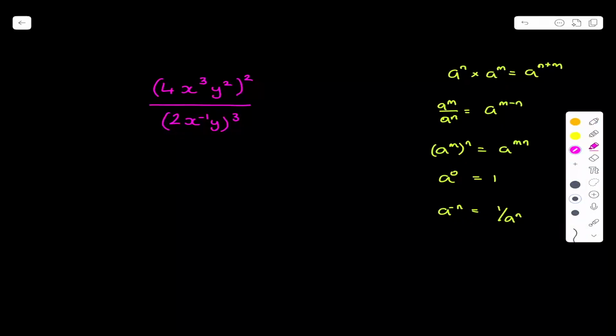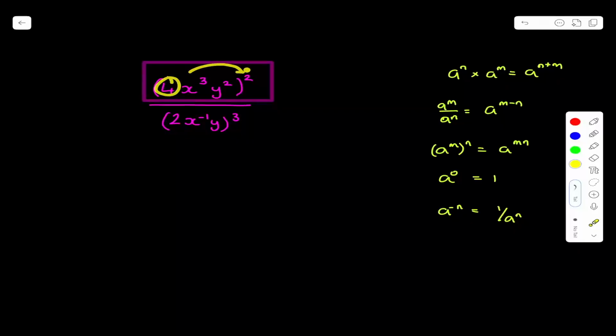So let's work through the numerator first. In the numerator, we have 4x cubed y squared, all to the power 2. So what does that mean? That means every single element you see here, and by element, I mean this, and this, has to be squared.